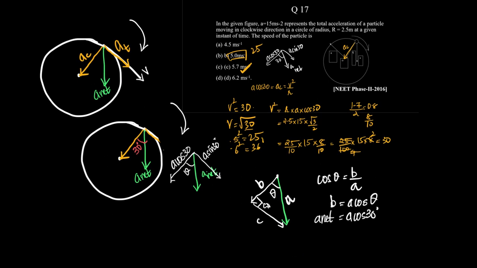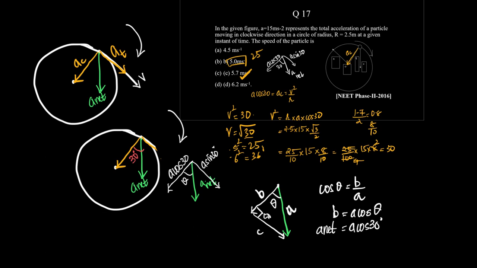This goes really deep into the basics, but that's okay. It is okay that at times the basics need to be cleared again. For angle theta, what is sine theta? Sine theta is opposite, which is C, by hypotenuse, which is A. So C is equal to A sine theta.